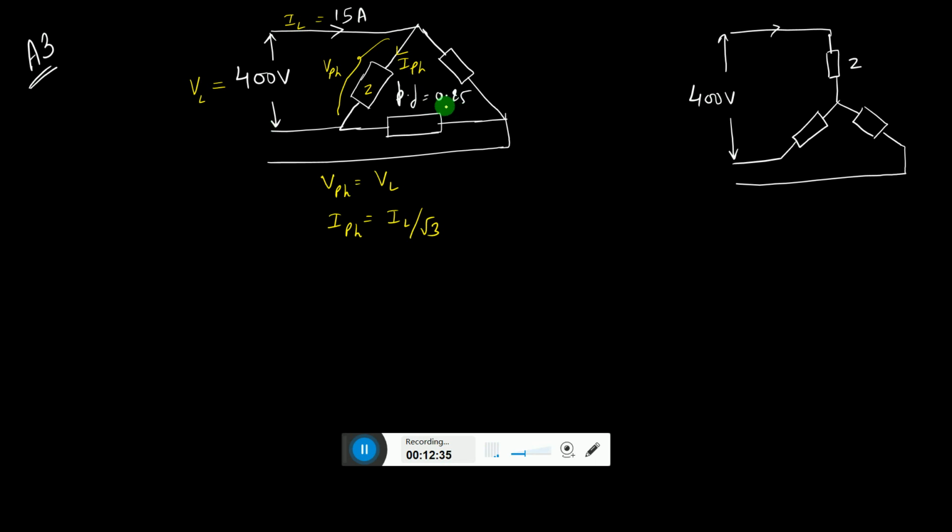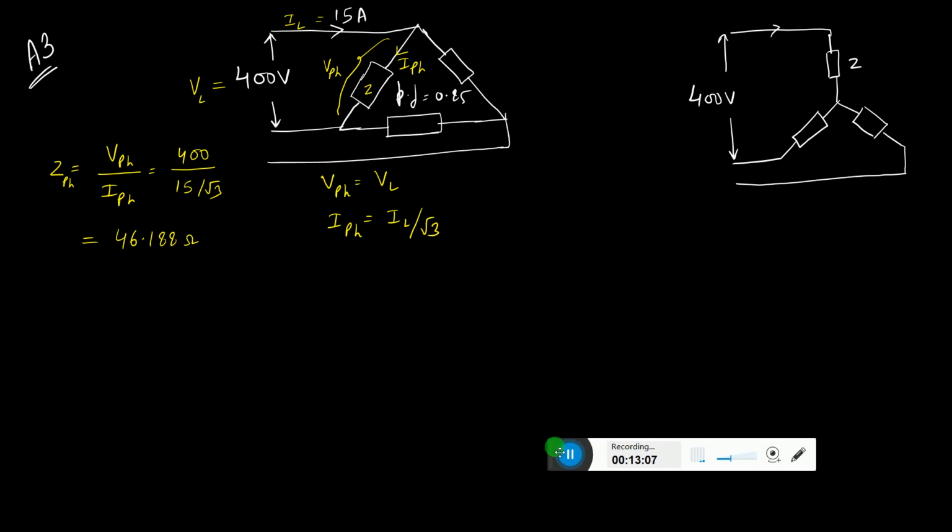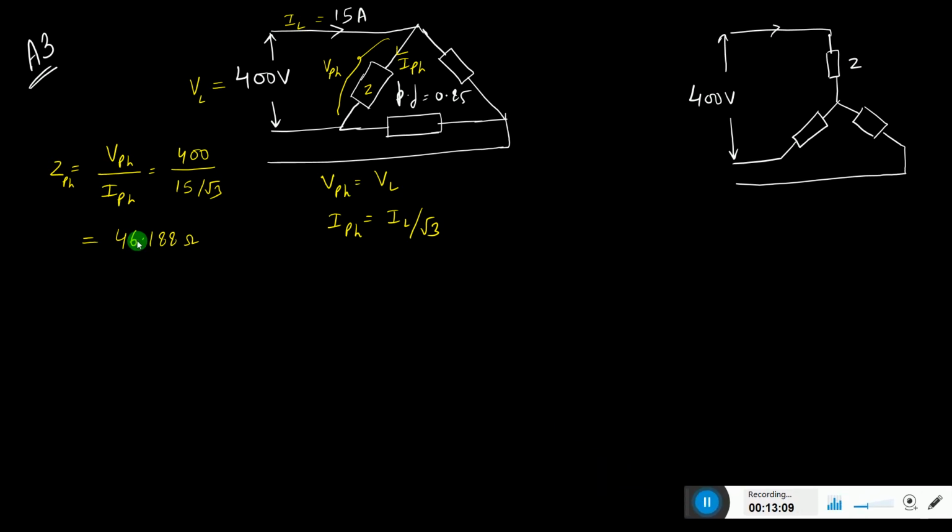This will help us to find the value of R and L. We know that Z is equal to V phase by I phase. Z phase I can write, and that is nothing but V phase, which is the same as the line voltage, divided by I phase, which is I line divided by root 3. And this value will come out to be 46.118.